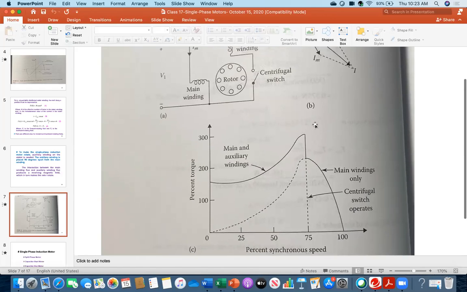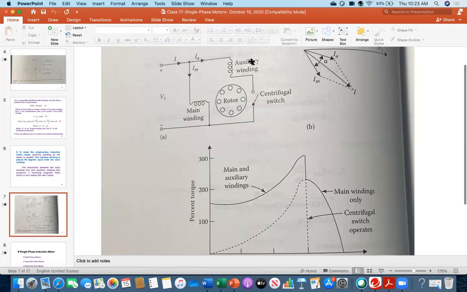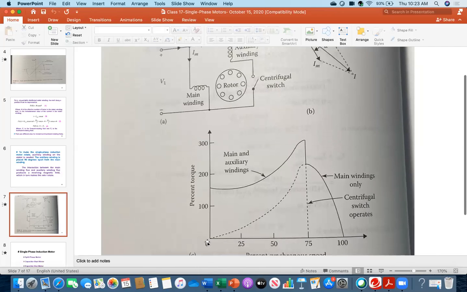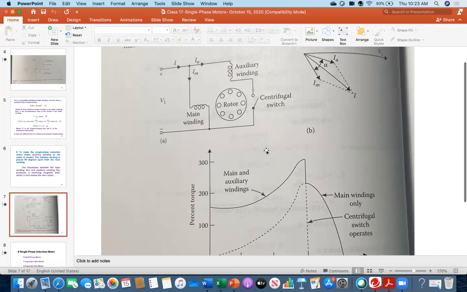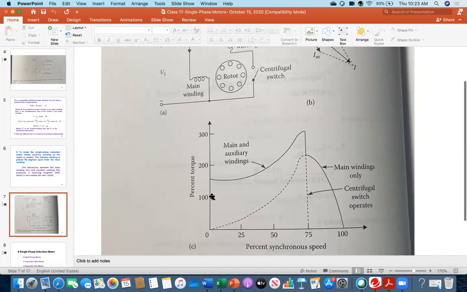But once you have both the main and auxiliary winding, you see, the starting torque got increased. This is the percentage torque. So main and auxiliary winding is the result. And then as I said, the switch was closed here and you will be noticing the speed. Gradually you see the torque is gaining, and then the speed is increasing.